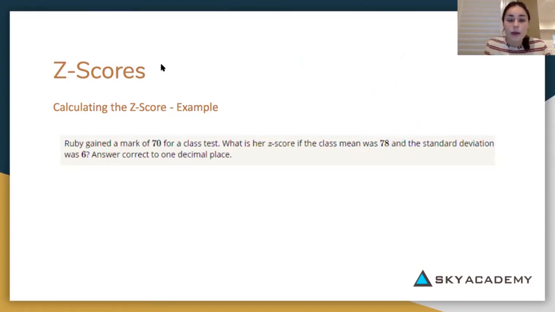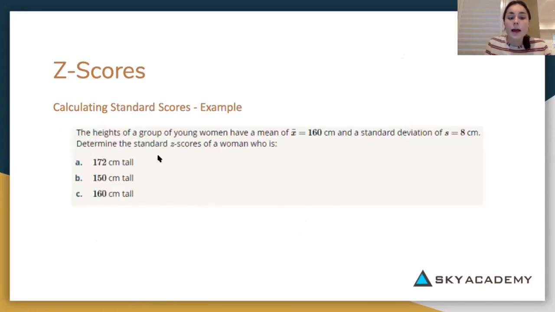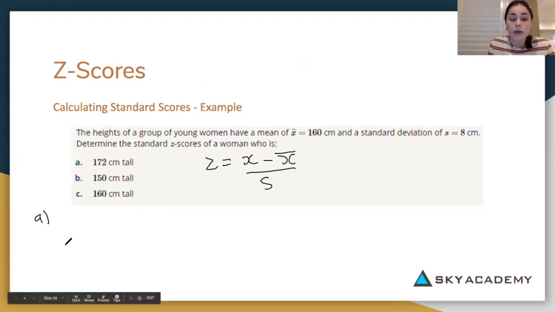Let's do our final question. The heights of a group of young women have a mean of 160 and a standard deviation of 8. Determine the Z-scores of a woman who is. Okay, let's answer question A. Actually, let's do it down here so we have more room. I'm going to write our formula up here so we don't forget it, and sub what I know.